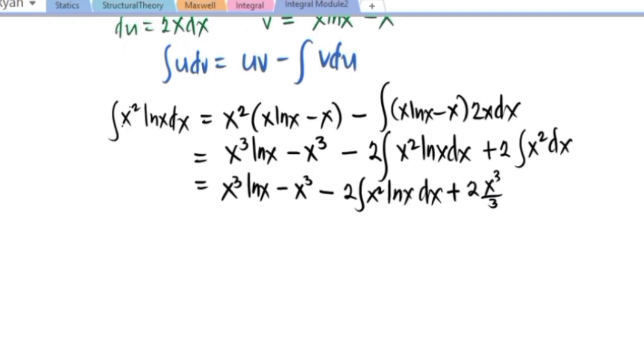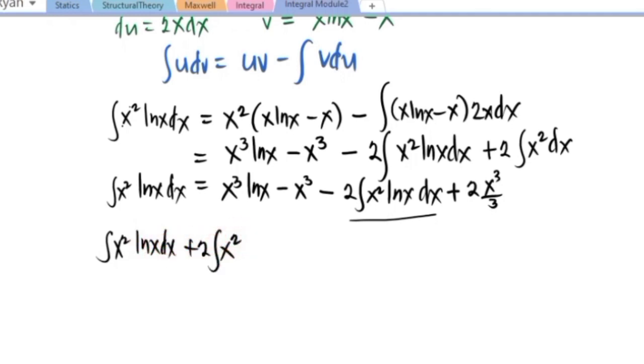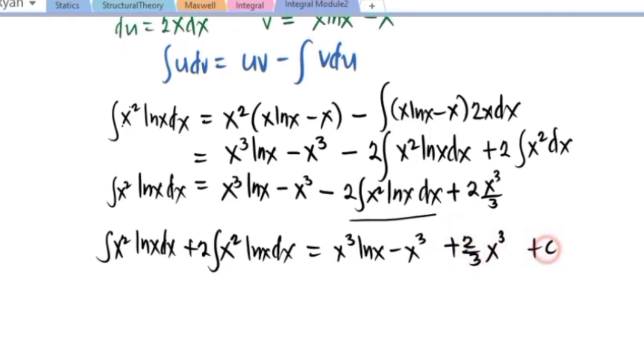So, since nakikita natin sa left side ng equation natin, yung x squared ln x dx, so itong part na to ay i-transpose natin sa left side ng equation. And we have x squared ln x dx plus 2 integral of x squared ln x dx. This is equal to x cubed ln x minus x cubed plus 2/3 x cubed plus c.